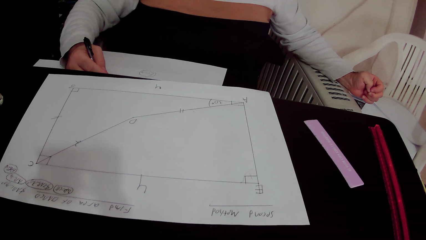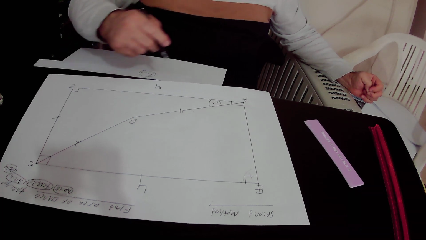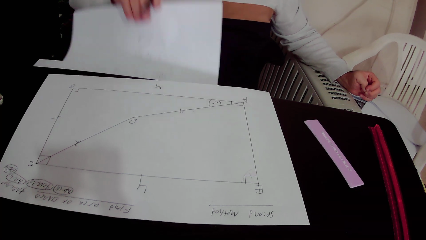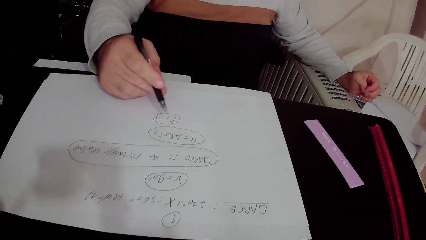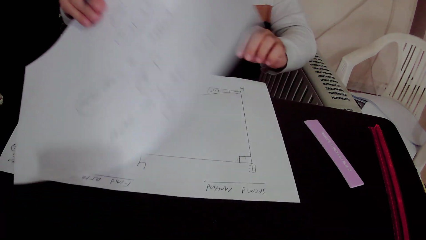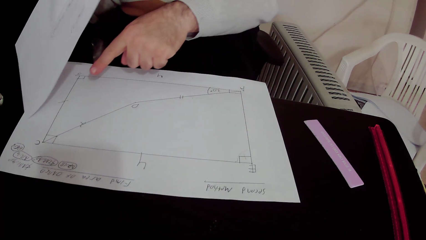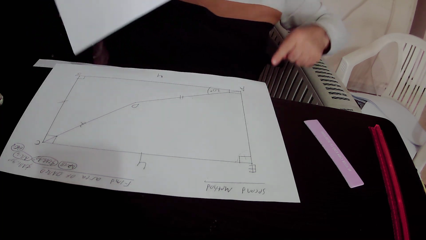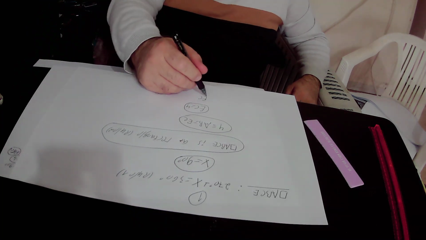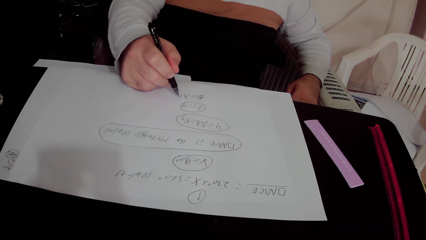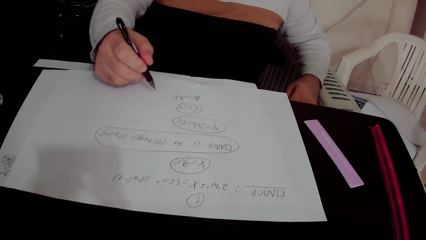Likewise, we will conclude that BC equals AE according to rule number 3.